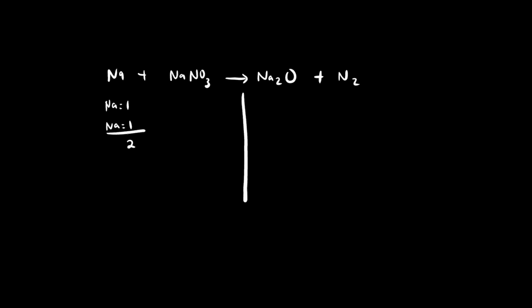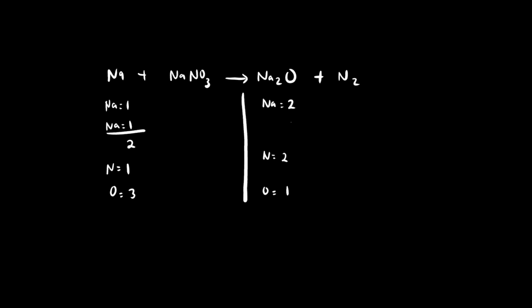Normally, I would tell you to view the nitrate, the NO3, as a unit. However, if you look on the right hand side, we don't have a nitrate present. So in this case, it's easier to break up the nitrate into nitrogen and oxygen. So on the left hand side, we have 1 nitrogen and 3 oxygen. On the right hand side, we have 2 sodium, 2 nitrogen, and 1 oxygen.